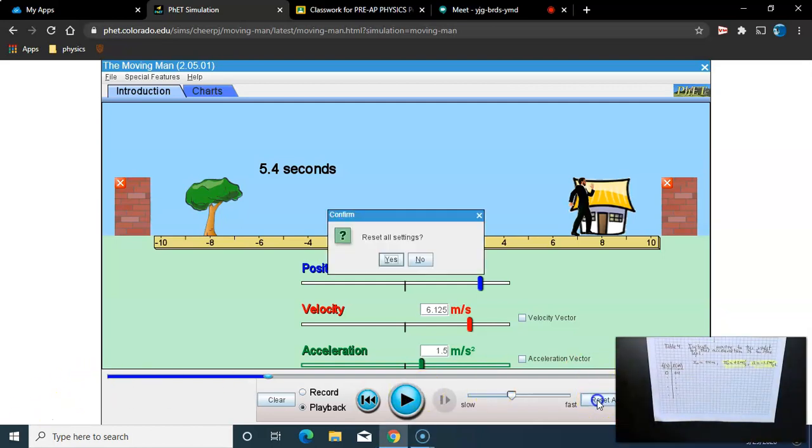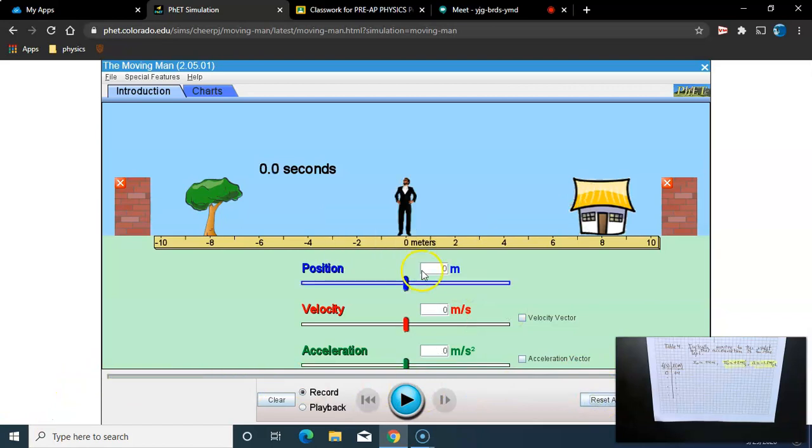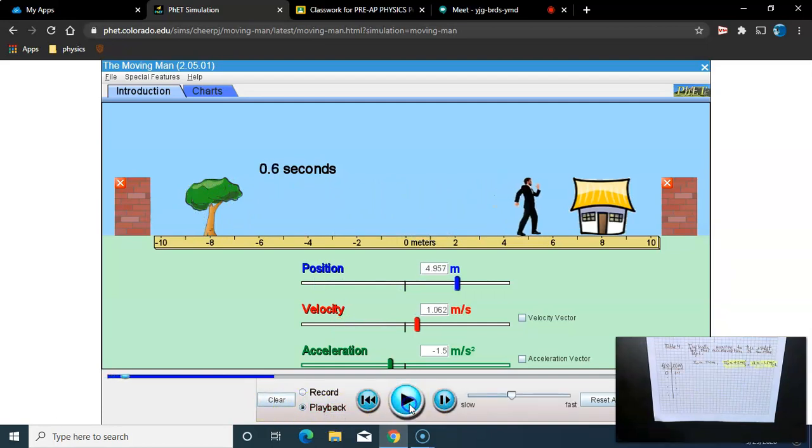So reset the simulation, put the guy at 4 meters, moving to the right, so +2, but now the acceleration is -1.5. You click the playback button and you start getting the data.